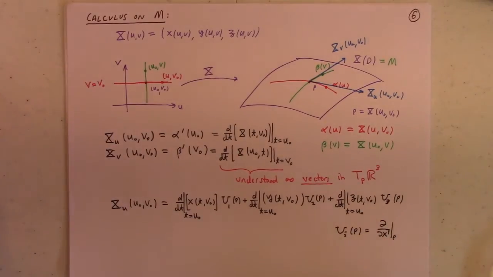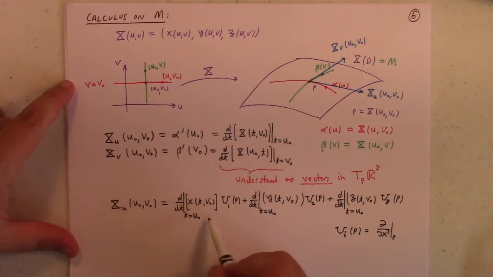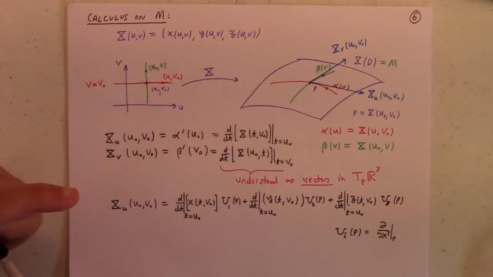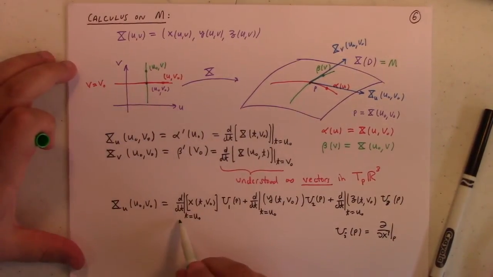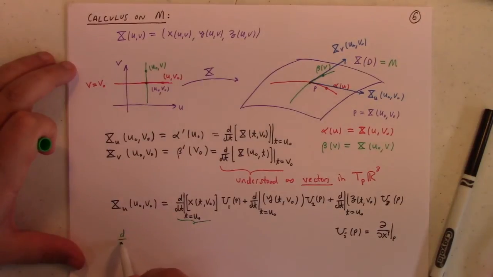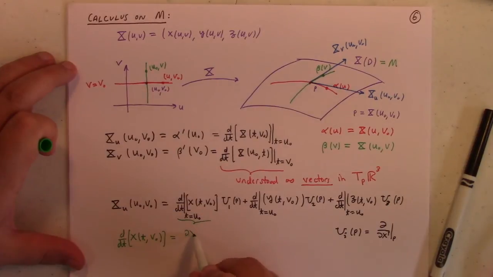Now, the chain rule on this, just to unwrap it further. If you look at d/dt of x of, let's say, t comma v naught, well, that's equal to partial x partial u du dt plus partial x partial v dv dt.